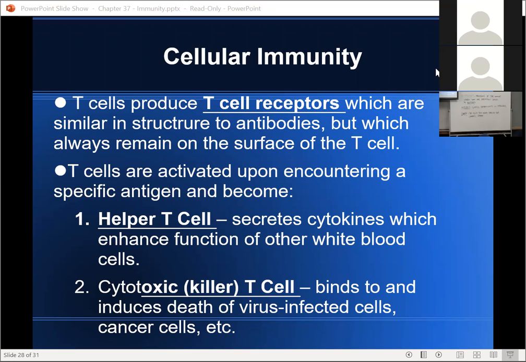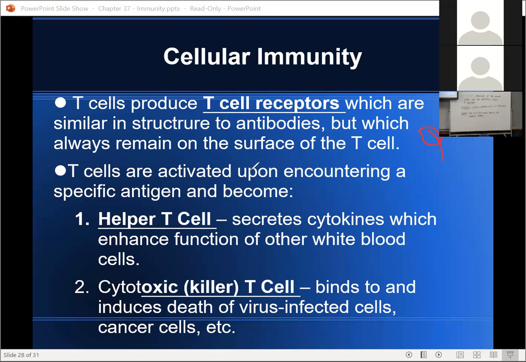I've said before that an antibody resembles the letter Y. Now, if we took just one of the arms off of that Y and stuck that on the surface of a T cell, that's pretty much what a T cell receptor is. So just like antibodies can bind antigen, a T cell receptor can bind antigen too, but it's always connected to the surface of the T cell.